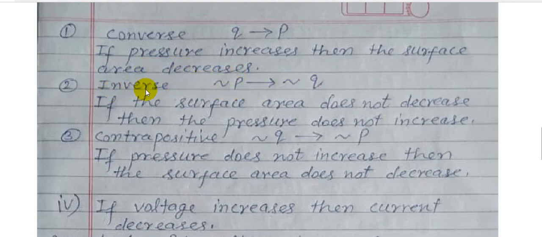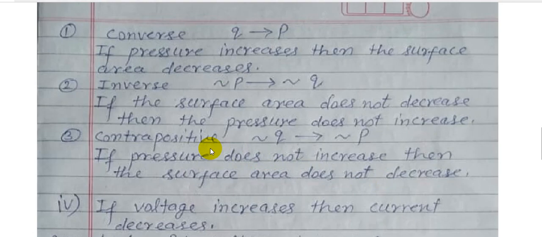For the inverse, negation P conditional negation Q, using negation, not, on both sides: if the surface area does not decrease then the pressure does not increase. For the contrapositive, negation Q conditional negation P: if pressure does not increase then the surface area does not decrease.